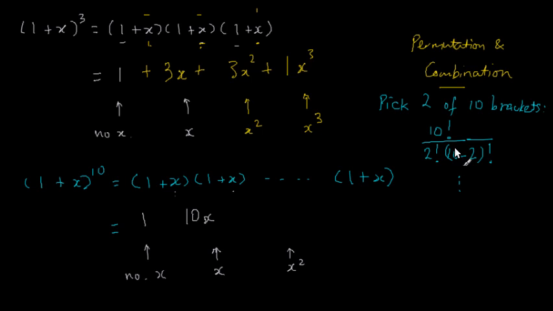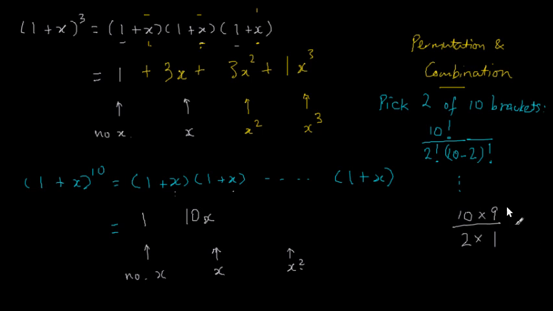This formula can be simplified into 10 times 9 over 2 times 1. The 10 comes from the power of 10. The 9 is 1 unit less than the 10. And the 2 here comes from the 2 here, that we want to pick the x from 2 of the brackets.